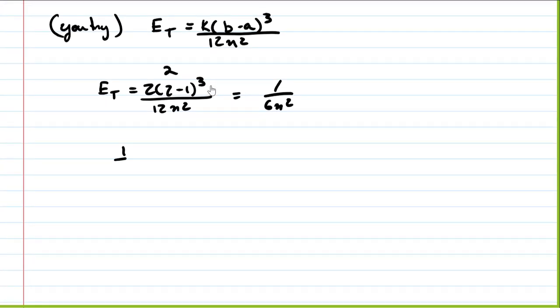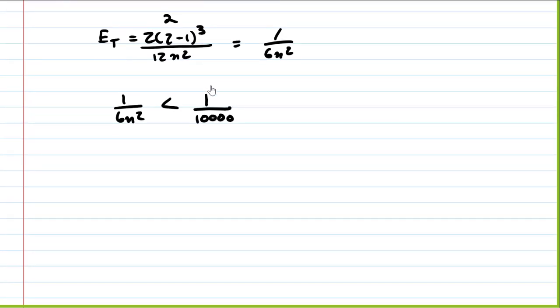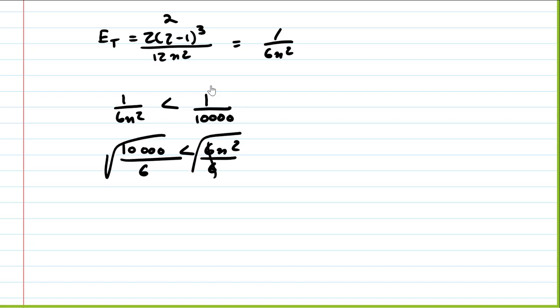And we want 1 over 6n squared to be less than 1 over 10,000 again, or 0.0001. So we clear our fractions once again, and we get 10,000 is less than 6n squared. Divide by 6, take our square root. So we get the square root of 10,000 over 6 is less than n.